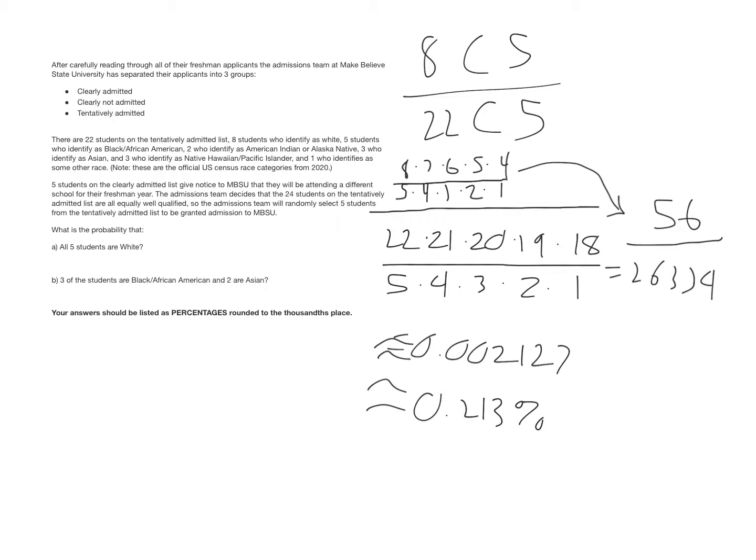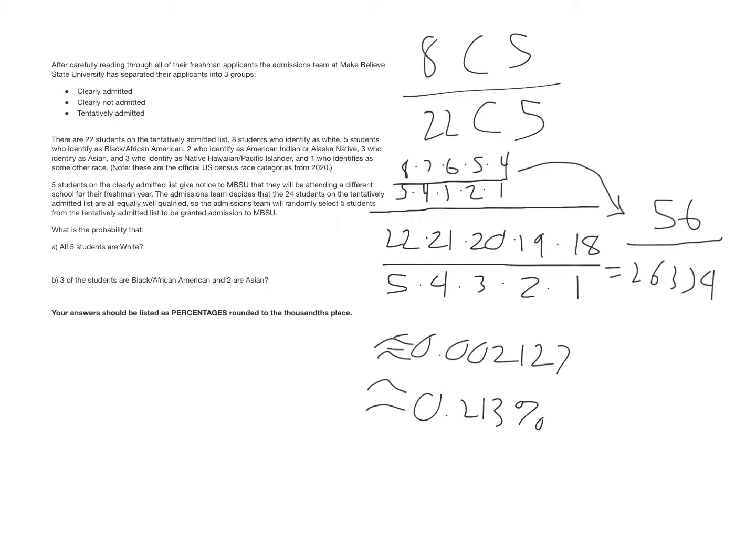Again, the whole idea is how many ways can I pick 5 out of the 22 people when order does not matter, and how many ways can I pick 5 out of the 8 white students when order does not matter. Divide those things.